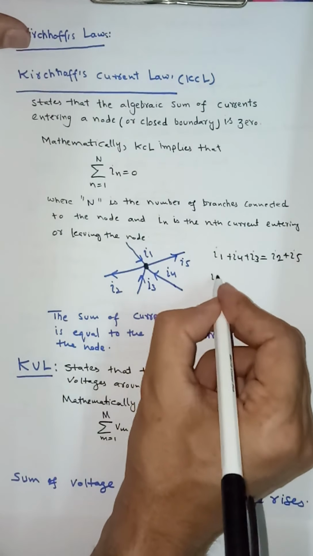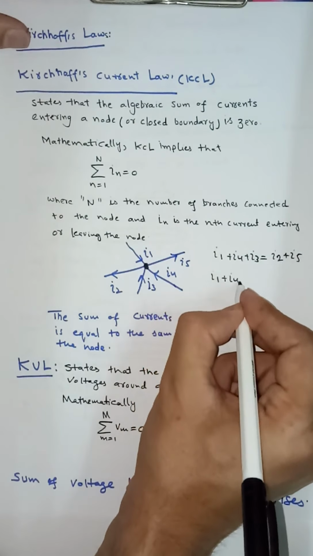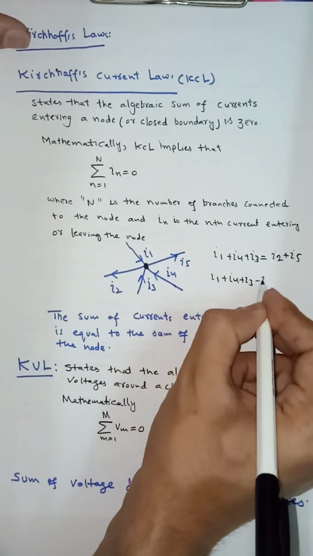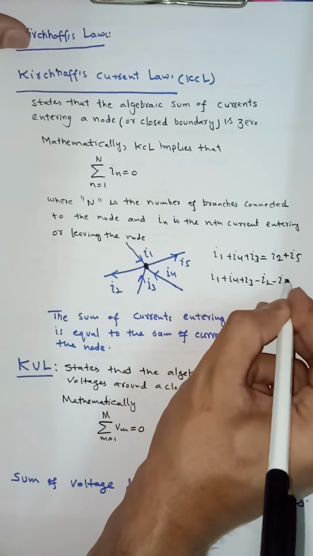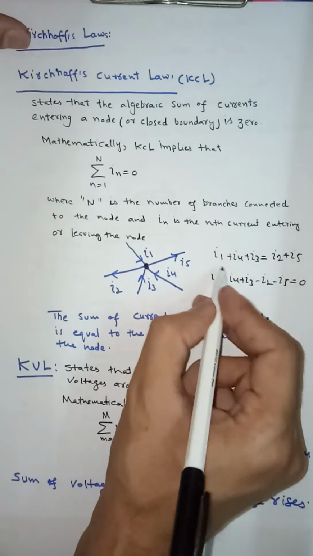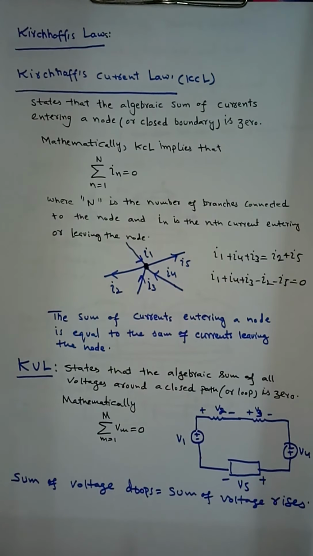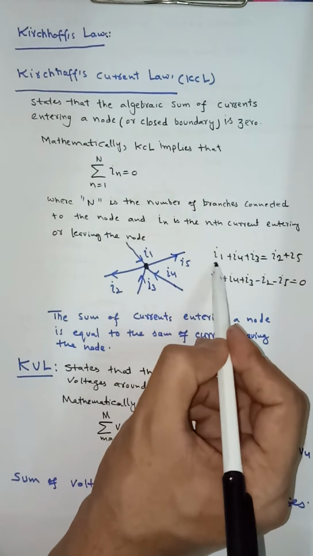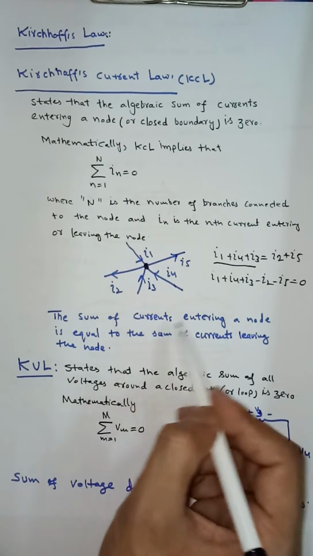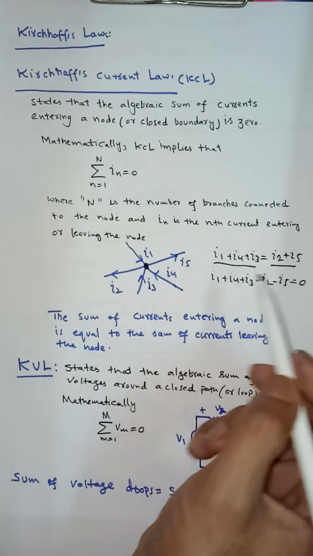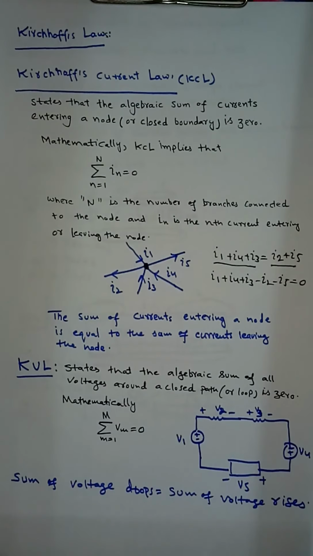Or you can simply write that I1 plus I4 plus I3 minus I2 minus I5 equals 0. So the sum of current entering is equal to the sum of current leaving the node. This is basically KCL.